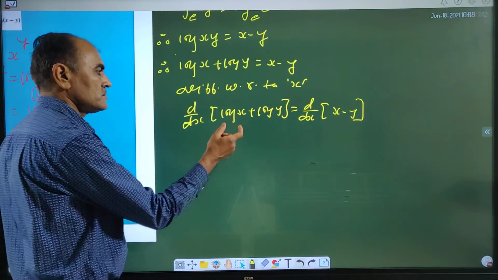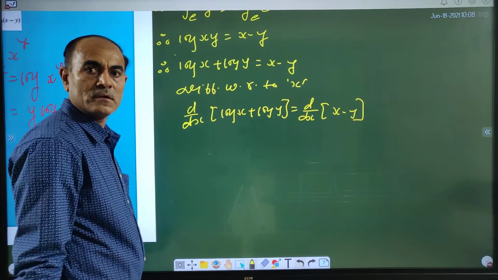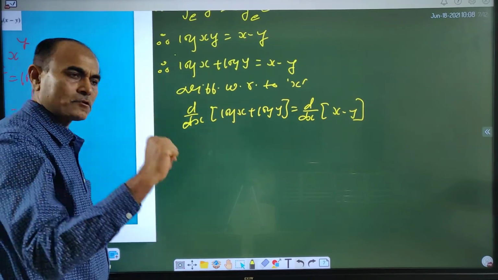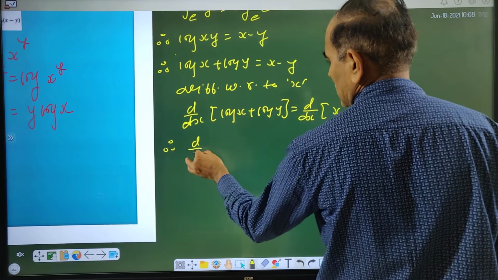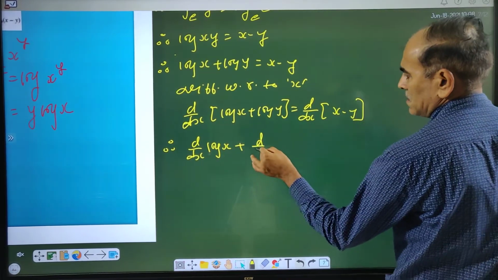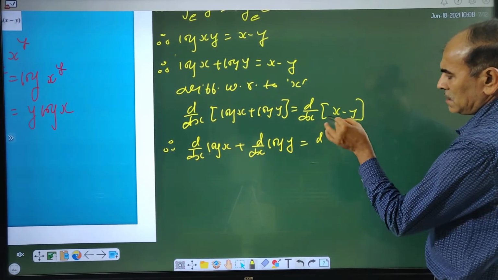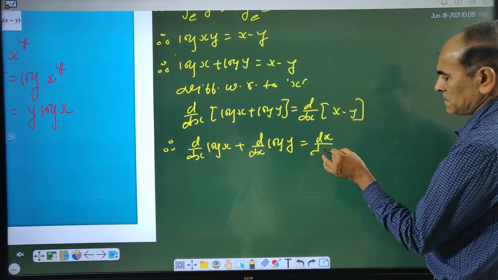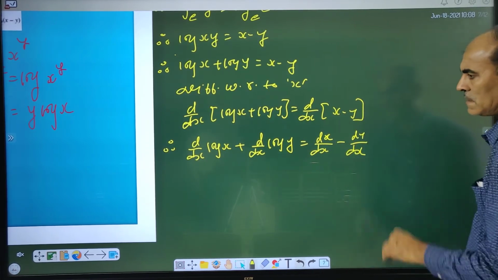Here we need to use the additive property of derivatives, and difference of the derivative. Use that property. And therefore d by dx of log x plus d by dx of log y. Here difference is there, so apply difference property. d by dx of x minus dy by dx.